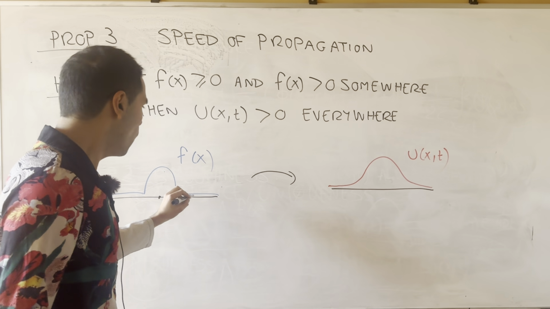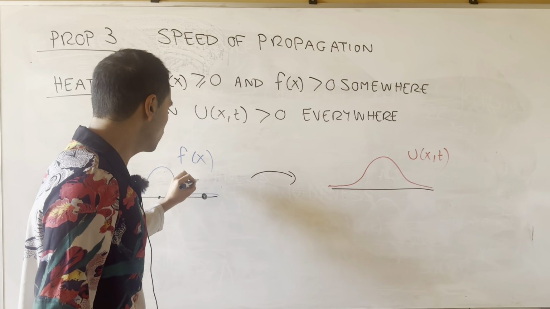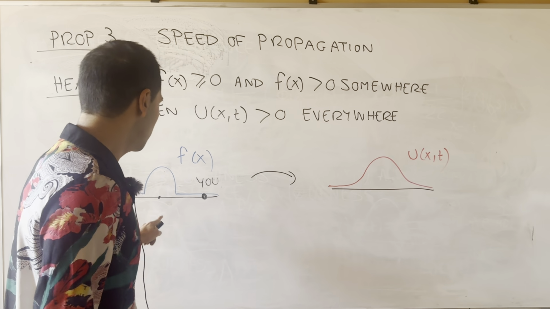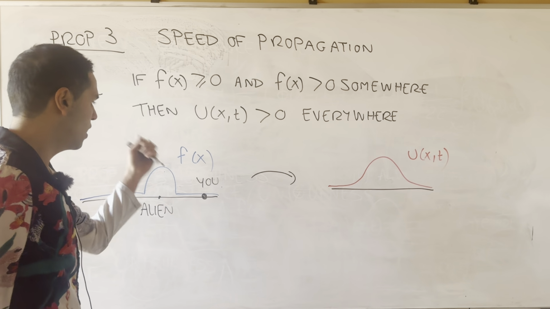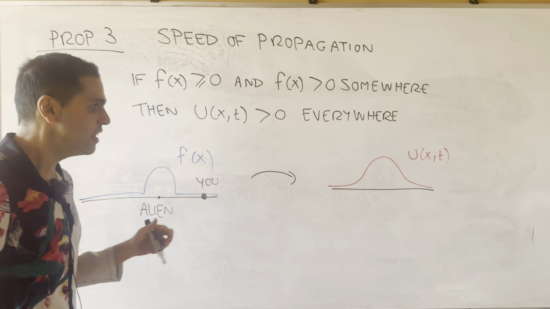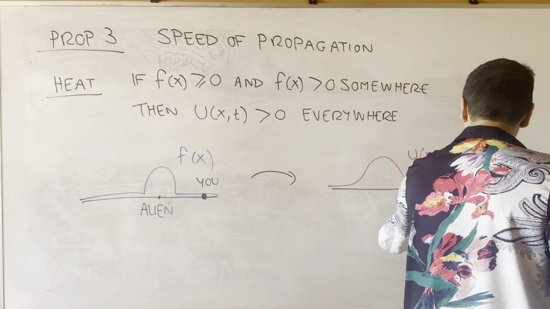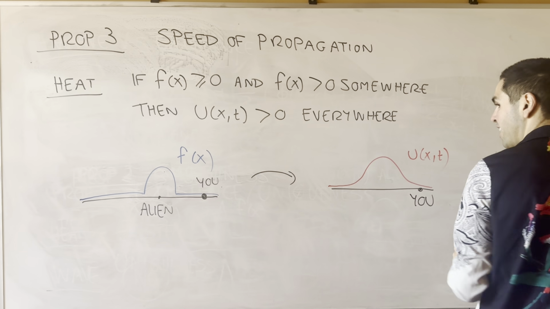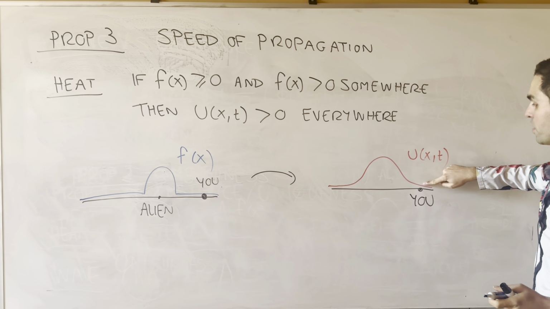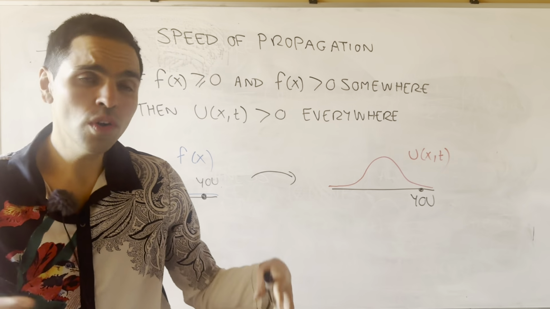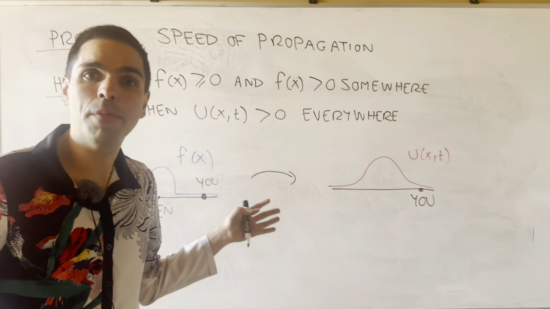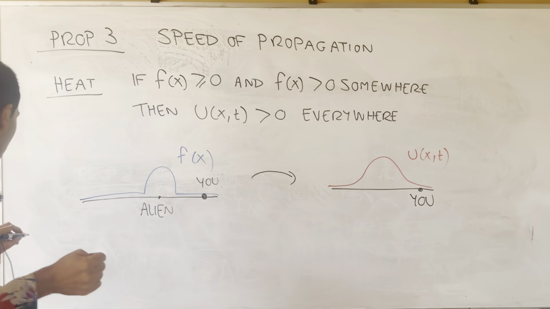And once again, what's the interpretation? So suppose you are here, and some alien lights up a match light years away, then you would immediately feel the effect of that heat, because your temperature here would be a bit positive. So in our model, heat propagates at an infinite speed.